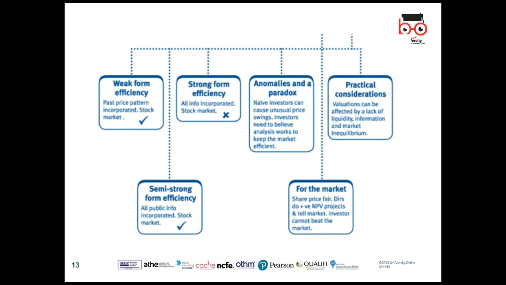The market share price is fair, and we can look at the net value of the project. Market investors cannot beat the market, of course. Practical consideration: valuation can be affected by lack of liquidity, information, and market disequilibrium.